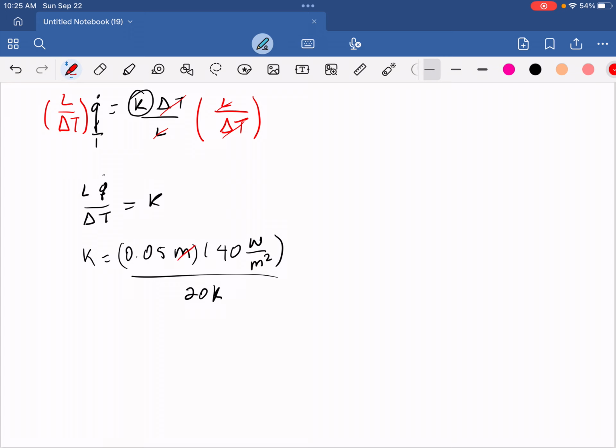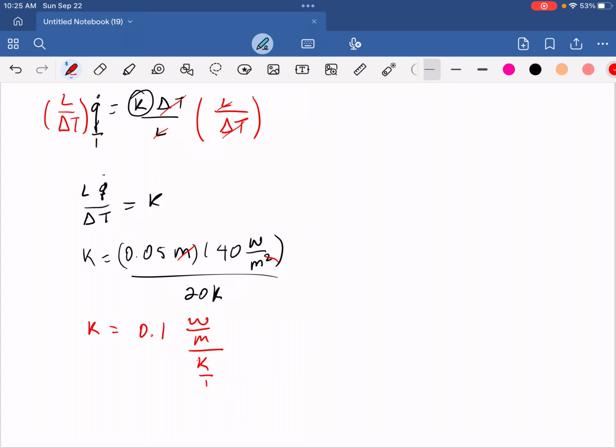This meter is gonna cancel with one of that. I am going to multiply 0.05 times 40, and whatever I get I divide by 20, so I'm gonna end up with 0.1 watts divided by meter divided by kelvins.